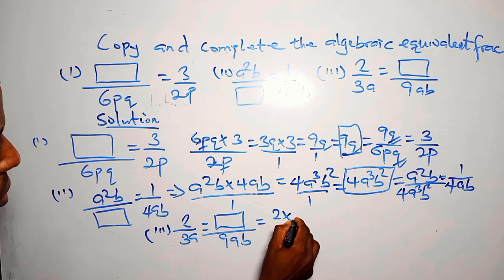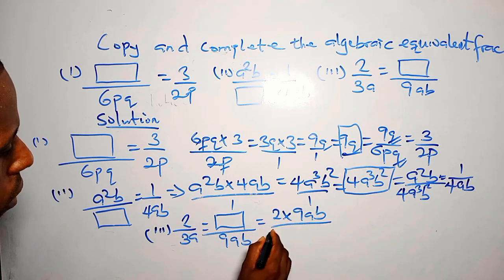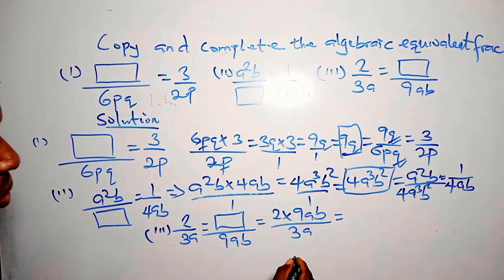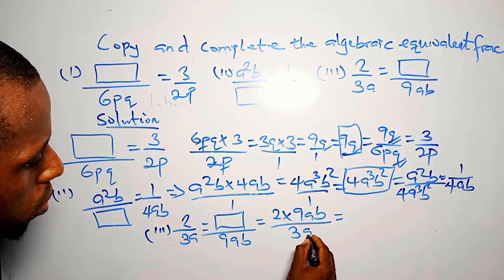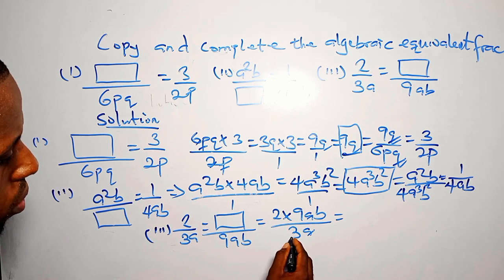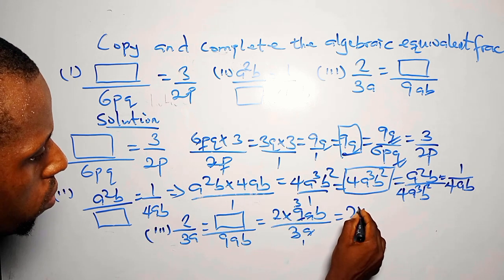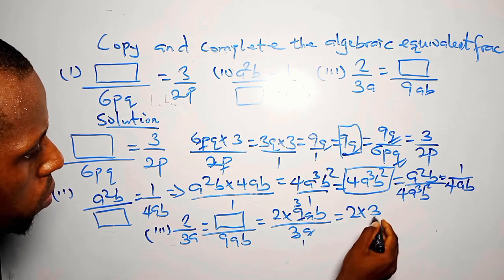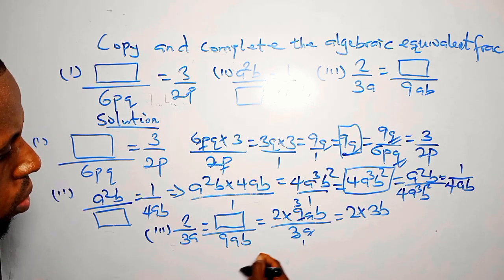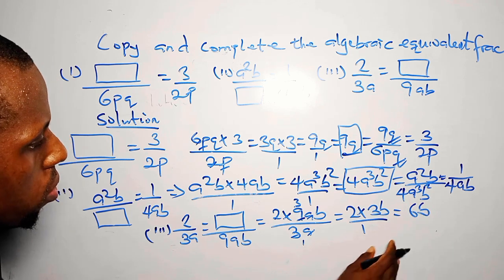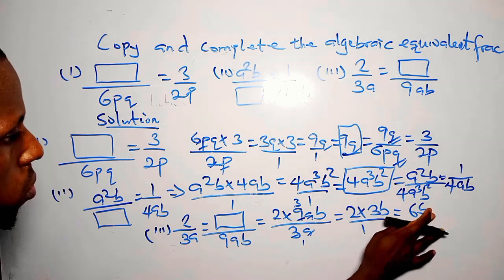So we say 2 times 9ab, and we divide by 3a. When we do that, we can simplify this. a cancels a, 3 here is 1, 3 into 9 is 3. So we have 2 times 3, and we have just b left, over 1. So here we have 6b.